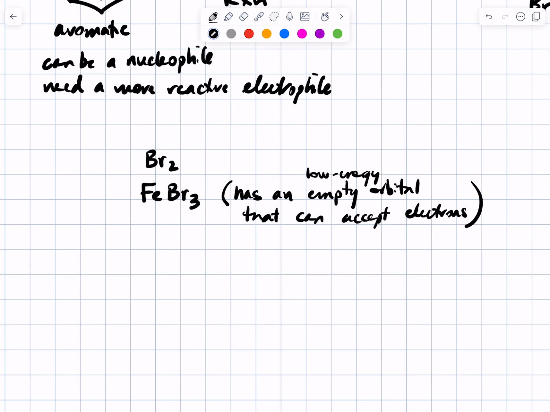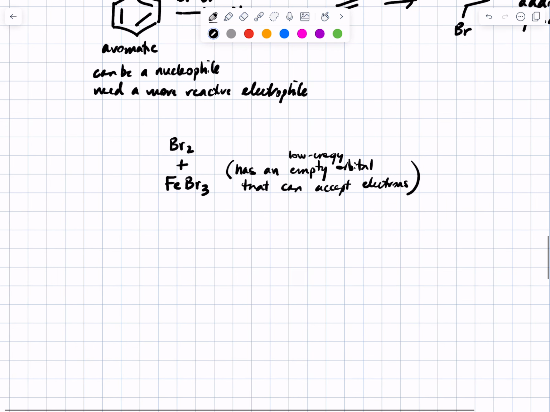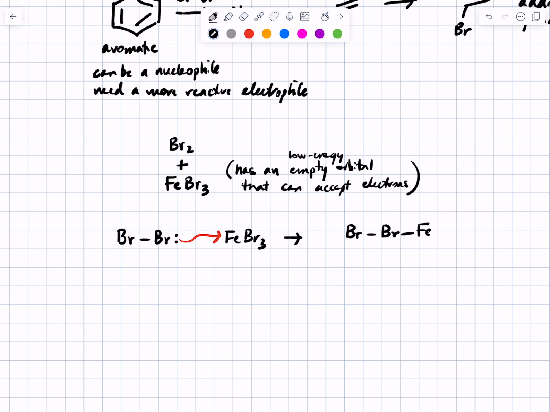And it turns out what happens when you bring iron tribromide and Br2 together is that one of the lone pairs on the bromine will actually attack the empty orbital on iron, and that will generate the following intermediate, which we will draw like this. It's got a negative formal charge on iron and a positive formal charge on bromine.